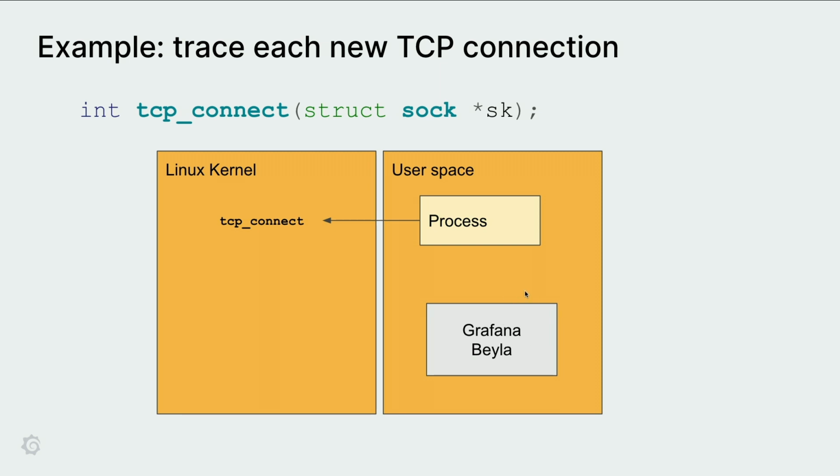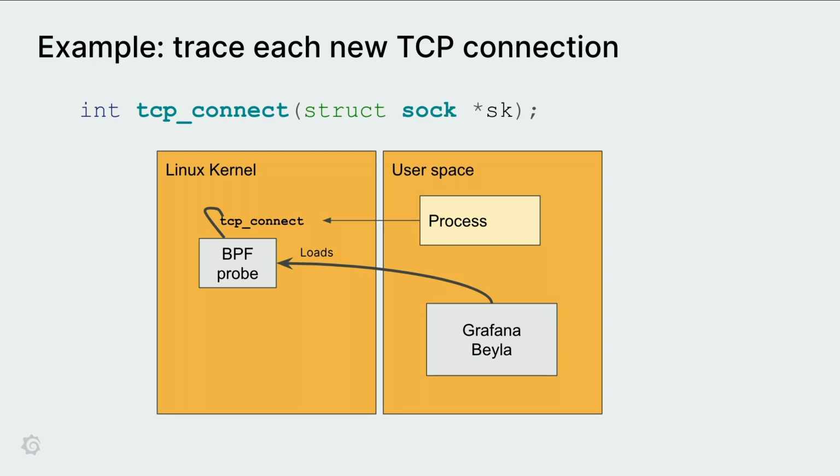So the first thing it needs to do is to know that this function exists, how it is structured, and then load a BPF probe. This BPF probe is a piece of software that is pre-compiled in this binary format accepted by the eBPF specification. So it is loaded there.